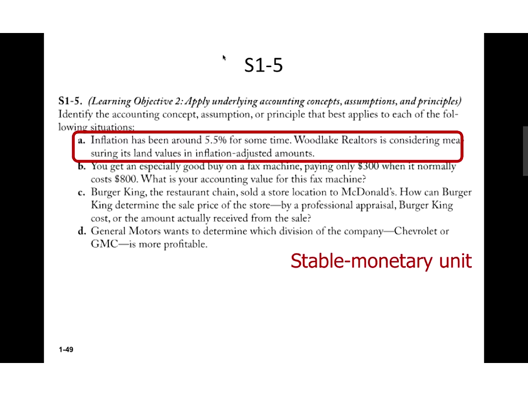And what's going to govern this is going to be the stable monetary unit. You cannot, as an aside, adjust your land values for inflation. Not happening. You assume a stable monetary unit. Even though we know inflation exists a little bit, we don't, because if we were to adjust for inflation, it would open up a whole other can of worms.